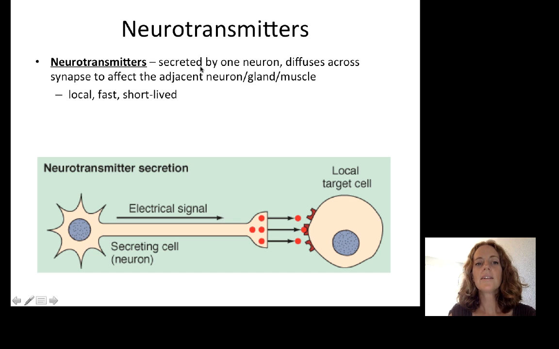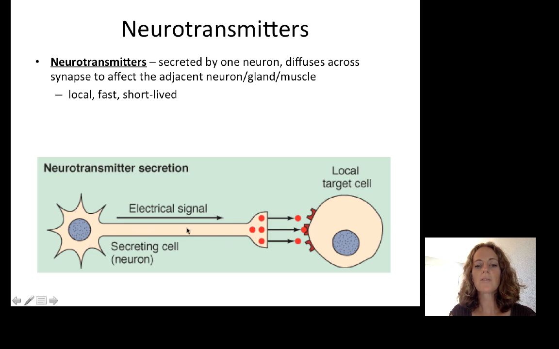The last specific local interaction is specific to the nervous system. We'll talk a bit about neurotransmitters and a lot about electrical signaling in neurons when we get into the nervous system, which is our next unit. Neurotransmitters are secreted specifically from nervous system cells, which are neurons.